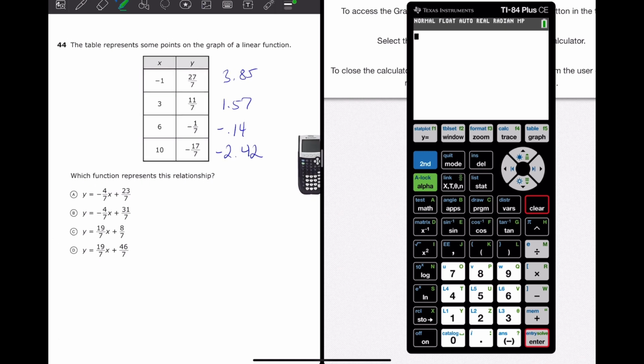I see a table, but it's not asking for rate of change, so we will be using y equals. Before I do though, I want to turn all my fractions into decimals.